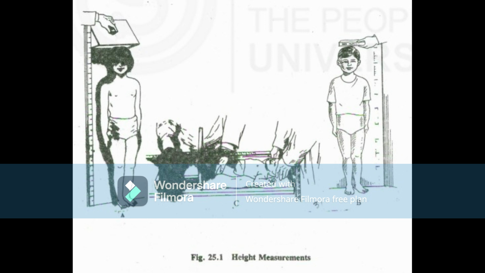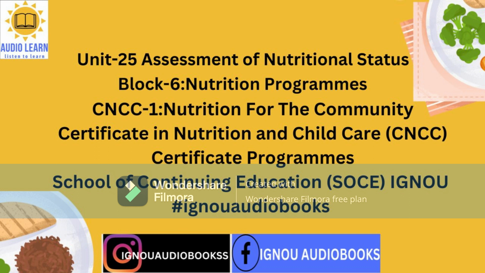Next, we come to the question of how to measure height. A vertical measuring tape scale fixed on the wall can be used to record height of older children and adults, as indicated in Figure 25.1a. Alternatively, height measurement can be taken against a wall, Figure 25.1b. The individual should stand with bare feet on a flat floor against a perpendicular wall with feet parallel and with heels, buttocks, shoulders and back of the head touching the wall.